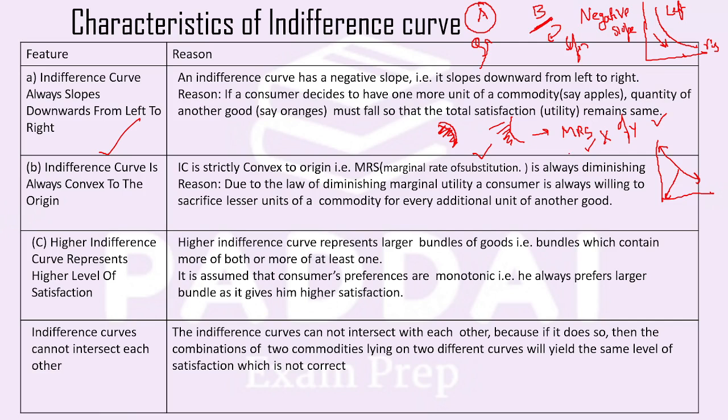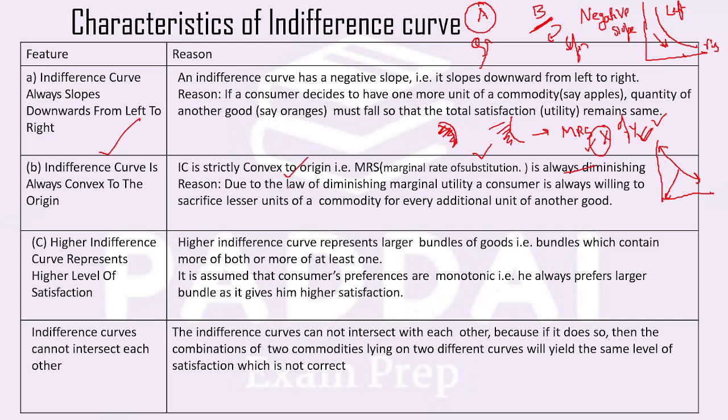It means with every consumption of one extra unit, I have to sacrifice the other. And as I keep on sacrificing the other, my interest goes to something which is available in more. So the marginal rate of substitution is always diminishing.